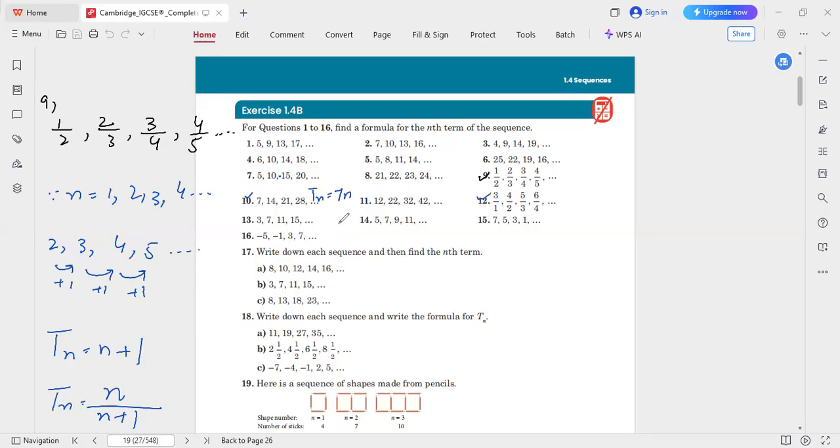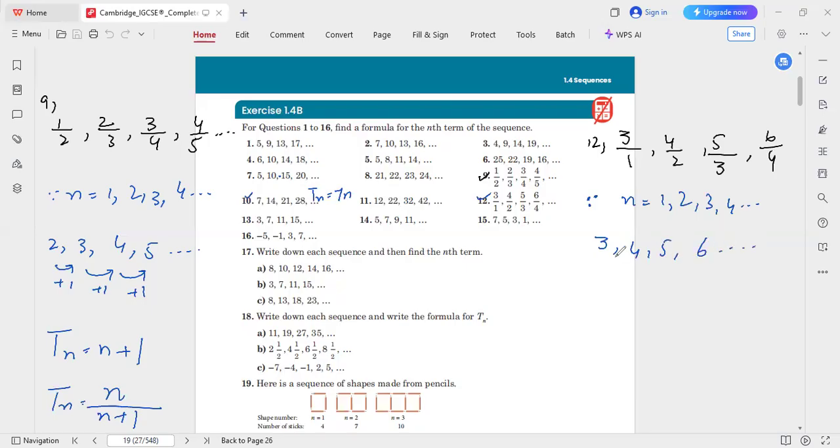Okay, let's go on with one more sequence that has been given in the form of fractions. We have part number 12: 3 by 1, 4 by 2, 5 by 3, 6 by 4. So in the denominator, we have the terms 1, 2, 3, 4. Again, they will be represented as n, and the sequence above is 3, 4, 5, 6, and so on.